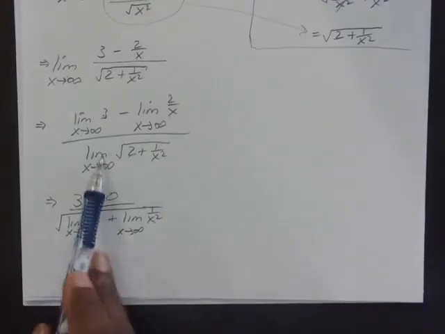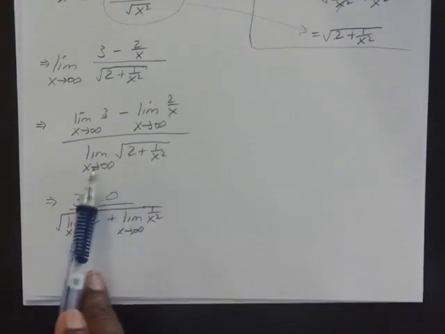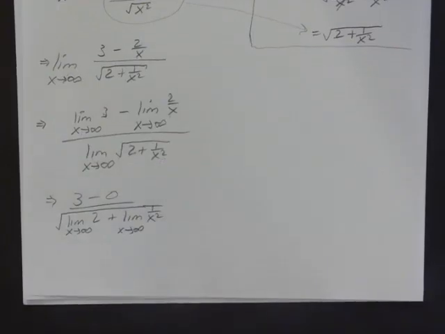Again, it's optional to rewrite it like that. You could just take the limit of 2 and the limit of 1 over x squared. Which way you do it is completely a personal choice, whichever way you're most comfortable with.